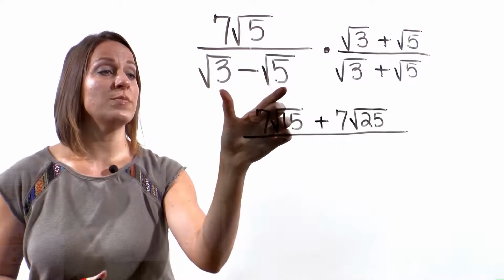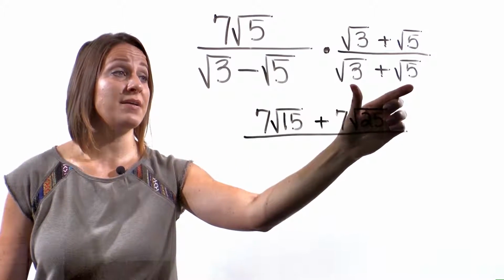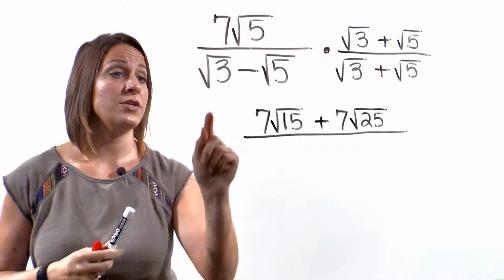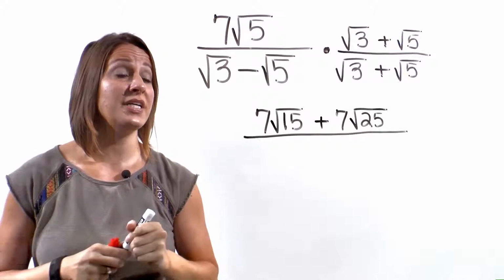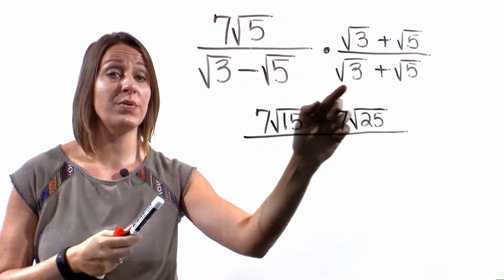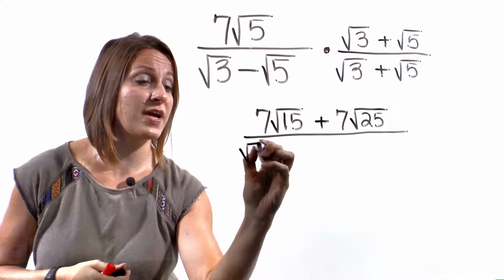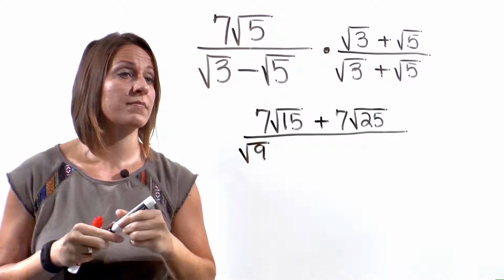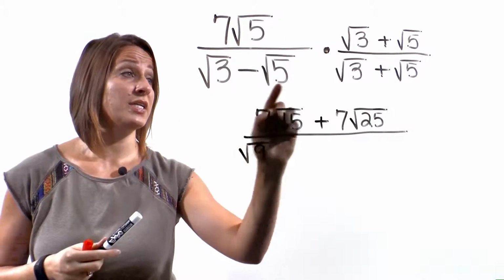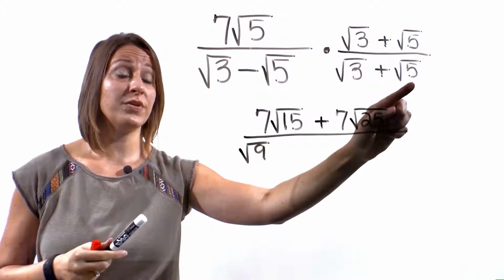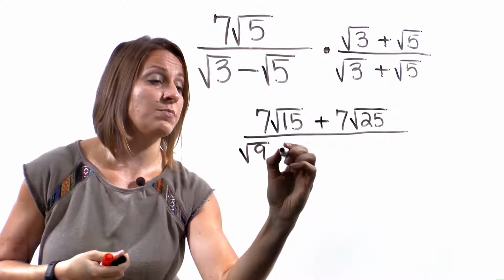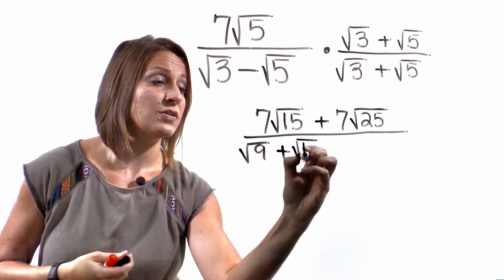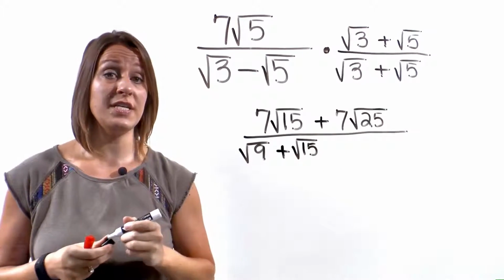Next, we're going to multiply this binomial times this binomial. So here it goes. We have square root of 3 times square root of 3 is square root of 9. Square root of 3 times square root of 5 is positive square root of 15.